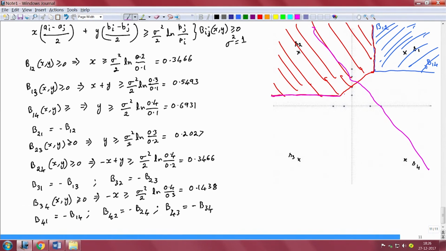So, it is minus x greater than or equal to 0.1438. It is going to look like this. Now the intersection of all these regions is essentially this. Let me remove the unnecessary boundaries. So, this is the decision region for S3.